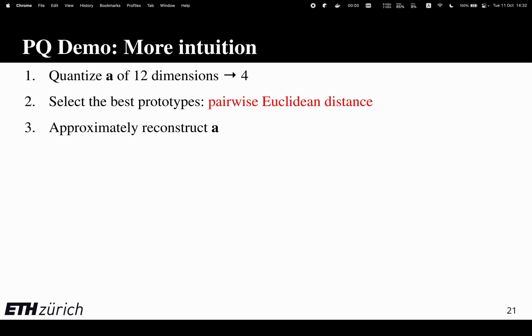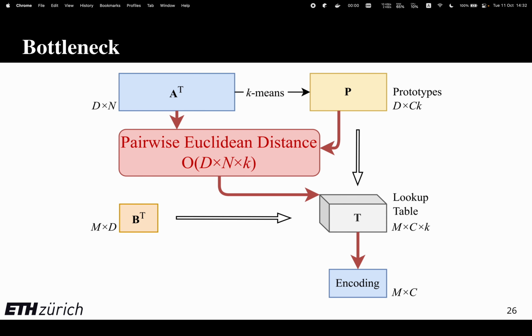We have constructed the matrix P, the set of prototypes, and from the prototypes and the query matrix B a tensor of the results. But to look up the results, we need to compare and select the best prototypes using the traditional pairwise Euclidean distance.